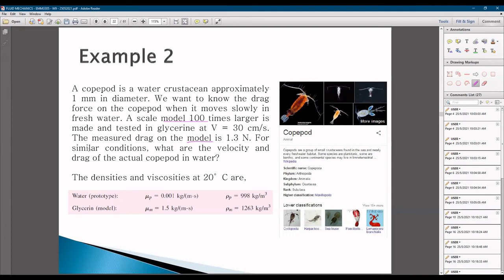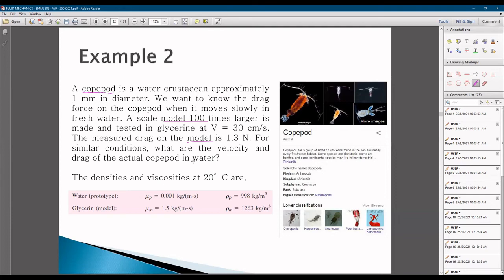For similar conditions, what are the velocity and drag of the actual creature in water? From the model we get this amount of drag, but from there we want to know the actual drag on this particular creature in water.